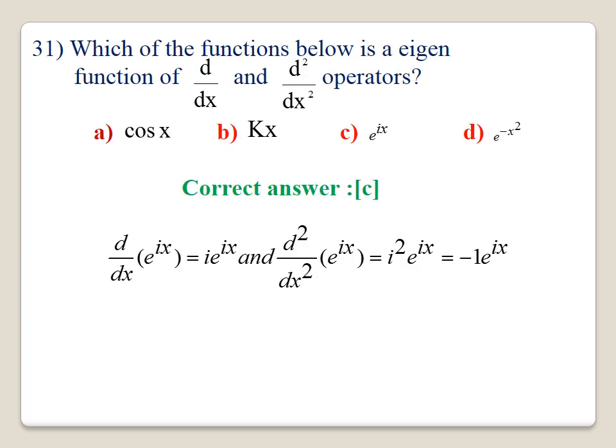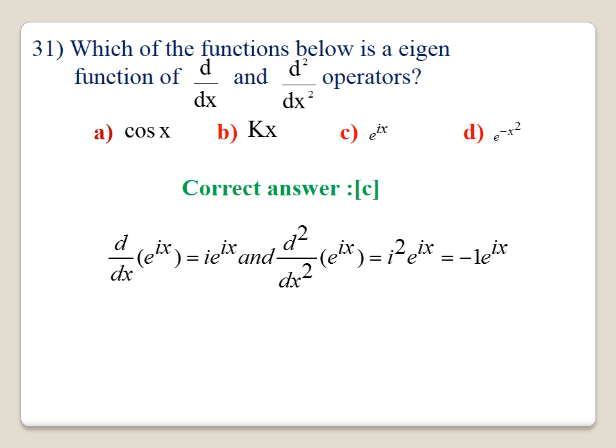31. Which of the following functions is the eigenfunction of the d by dx and d square by dx square operators? Here the wave functions are given, and we have to find the eigenfunction for the operator. The first one is cos x.